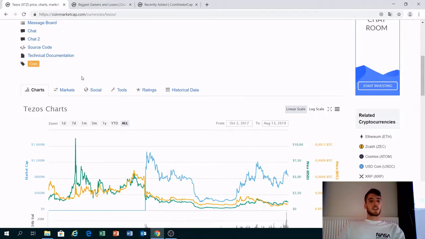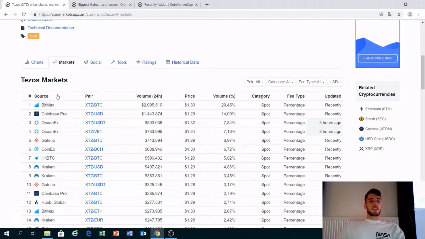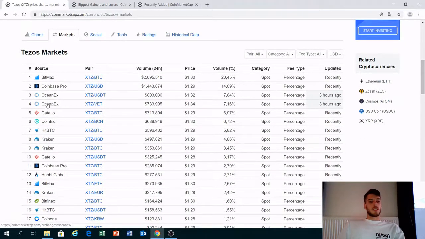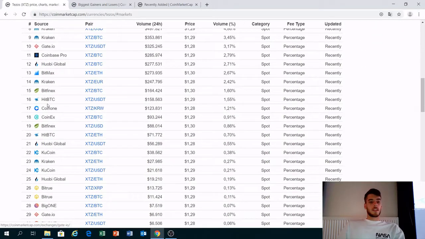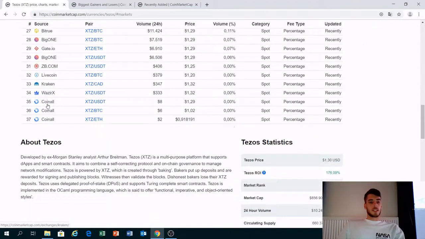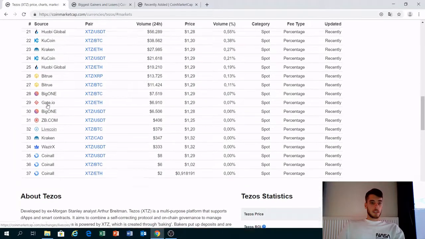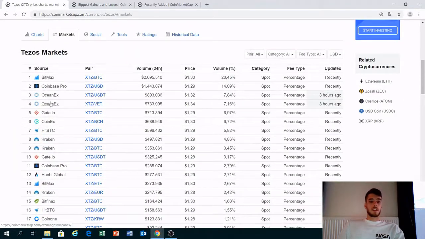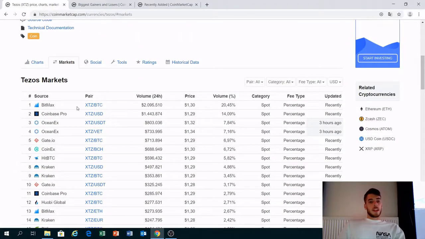If we click on markets over here, you can see all the markets where this coin is listed. It's obviously a lot of markets, but not as many as Bitcoin. And you can see the pair this coin can be traded for.